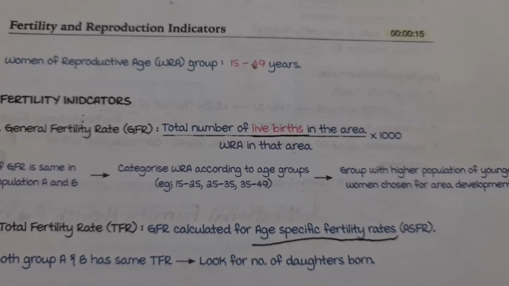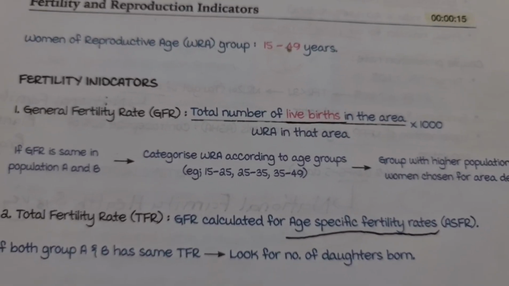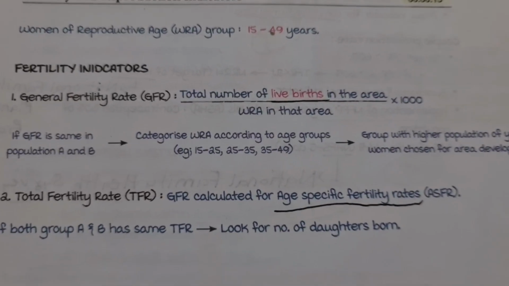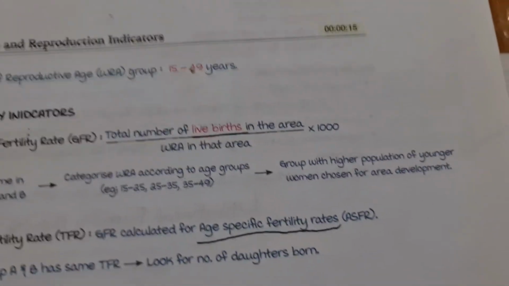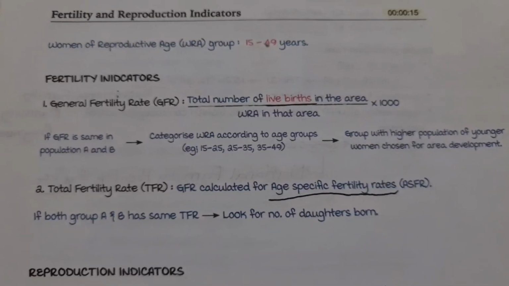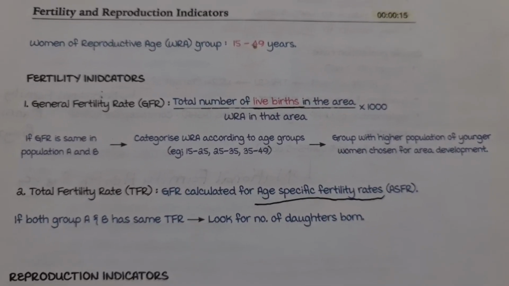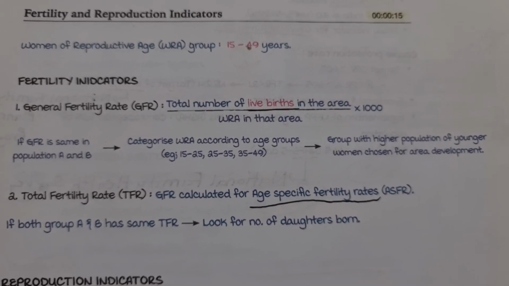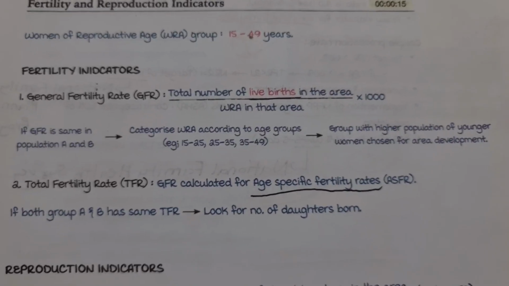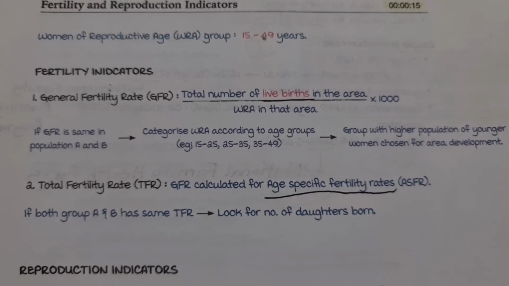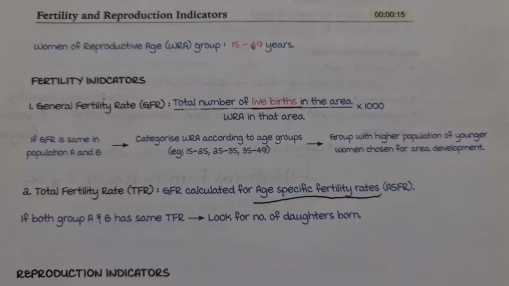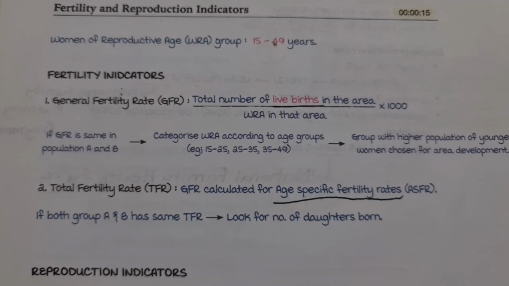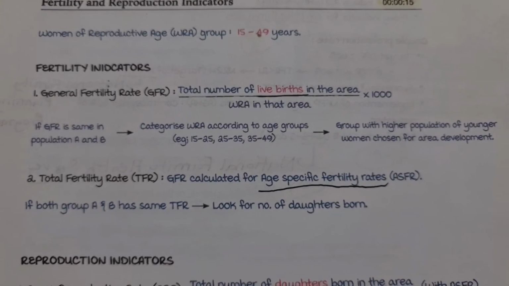As I have mentioned, it is the number of live births per thousand women of a reproductive age in a year, so we are talking about it for the year. If we have to compare between two populations, A and B, then the general fertility rate is helpful.